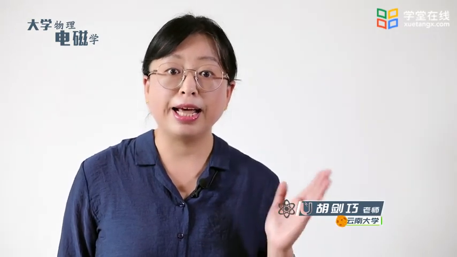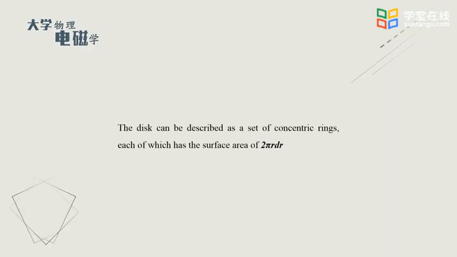We have got the formula for calculating the electric field created by a uniformly charged ring. Hence, we can describe the disk as a set of concentric rings, each of which has a surface area of 2 pi r dr. We calculate the field due to a single ring and sum the contributions of all rings.